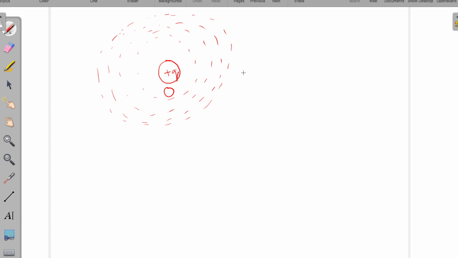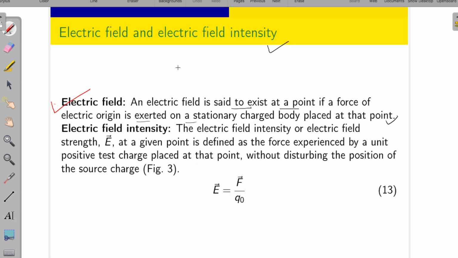We will bring a very small positive test charge, Q naught, from somewhere and place it here at a point P. If a force F is exerted on the test charge Q naught, then we say that an electric field is present in this surrounding.